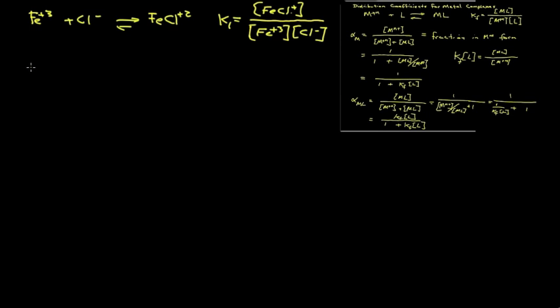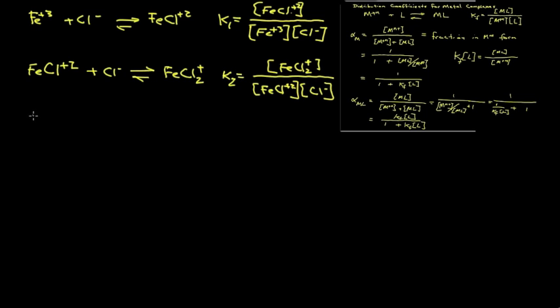And there's another complex formed that represents this complex combining with another chloride ion to form a higher order chlorocomplex, and it has an equilibrium constant. Yet another complex forms as the chloride concentration goes up.